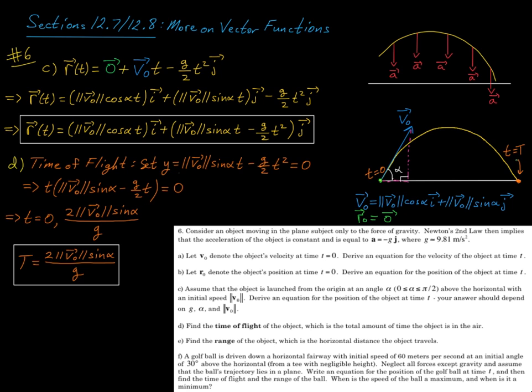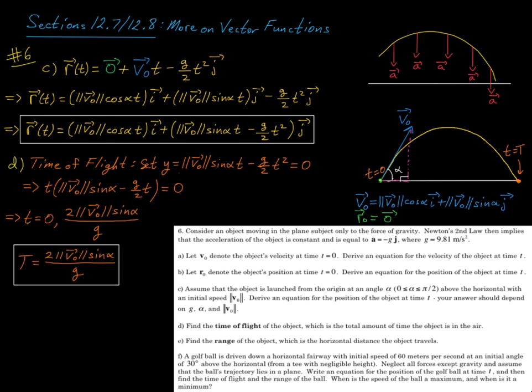And this will occur when the object lands and there y is equal to 0. So I'm just going to set the j component of our position vector r of t equal to 0. And notice there's a factor of t in each one of these terms, so I'll factor that out.